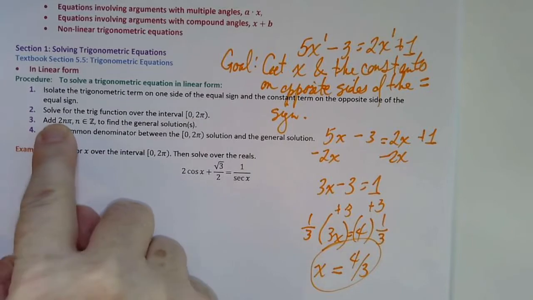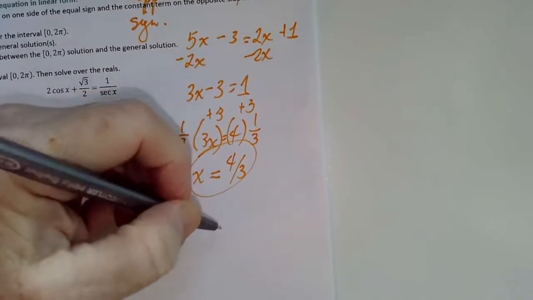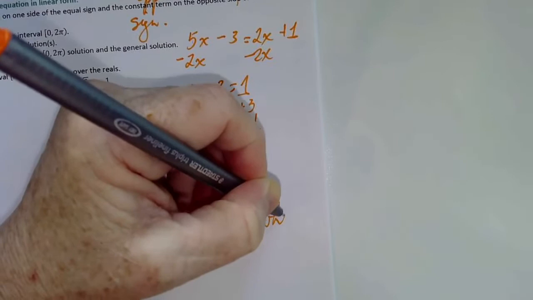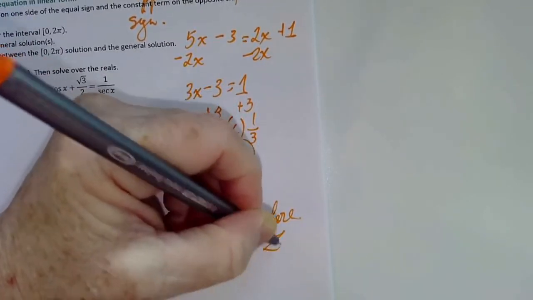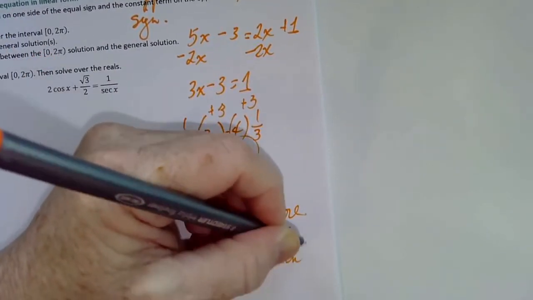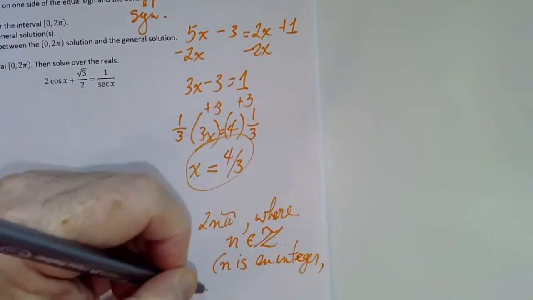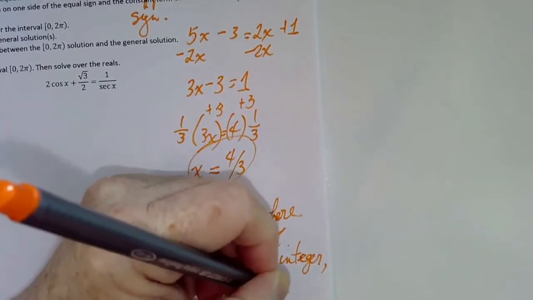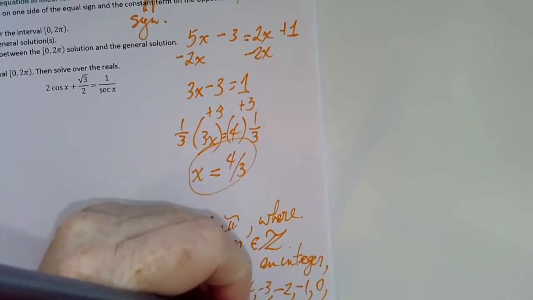We're going to add 2n pi, where n is an integer. Remember, the integers are like -5, -4, -3, -2, -1, 0, 1, 2, 3, 4, 5, and so on.